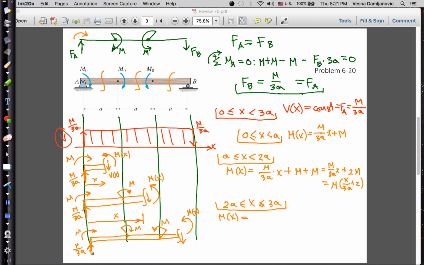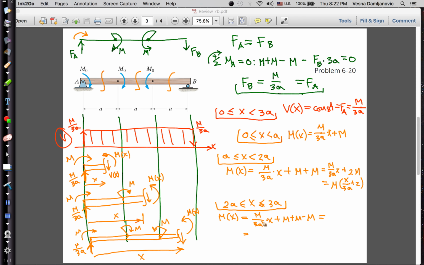So let's add things up. Again, this is x, and what positions the moments are in doesn't matter, they add up. So that's a pretty easy problem. M over 3a times x plus m minus m, because this one is in the opposite direction, and there's nothing else.